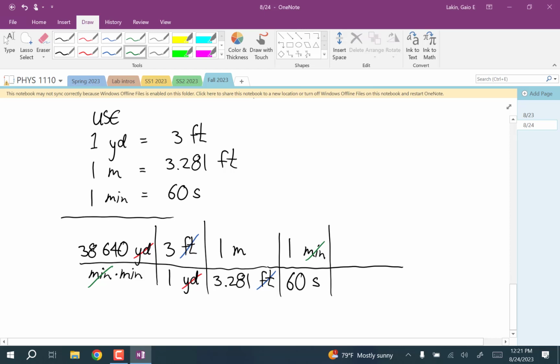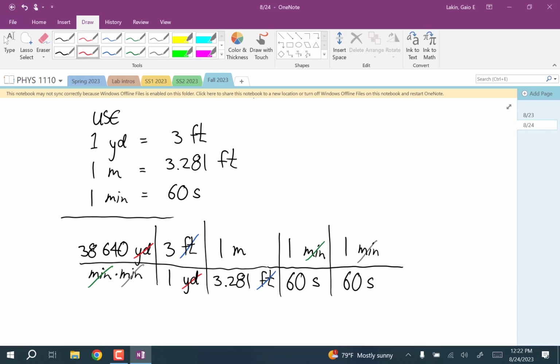So one of those 2 minutes has been converted to seconds, but now we have to do it again, okay, to get rid of this other one. Right now we have 1 second on the bottom and 1 minute on the bottom. So we'll go one more time, 1 minute over 60 seconds. So that one cancels that one.